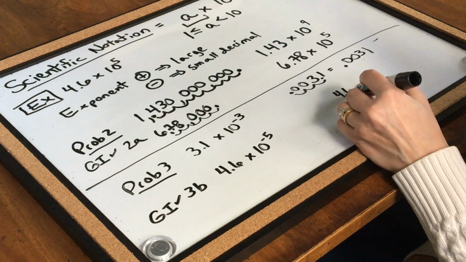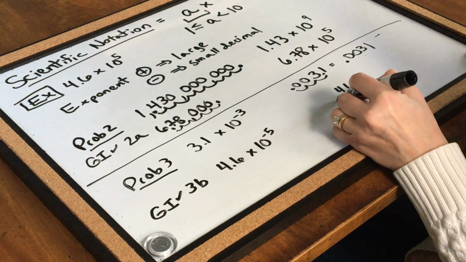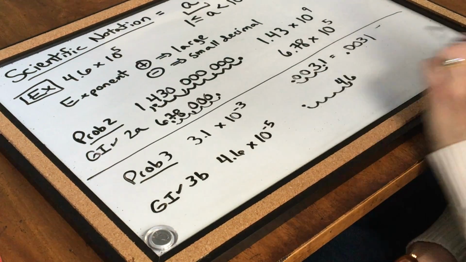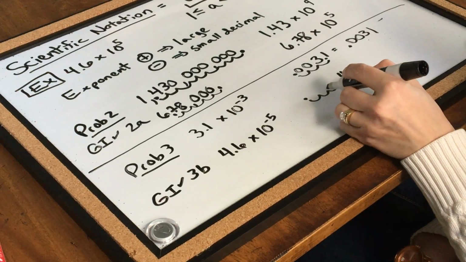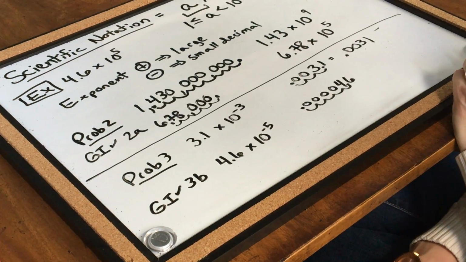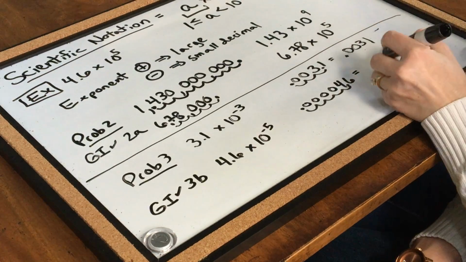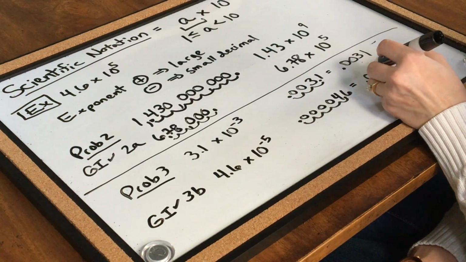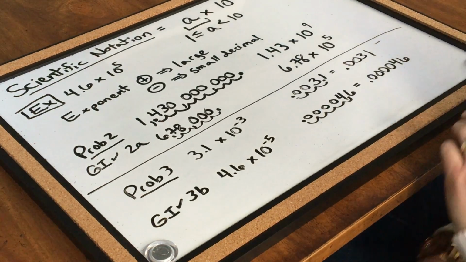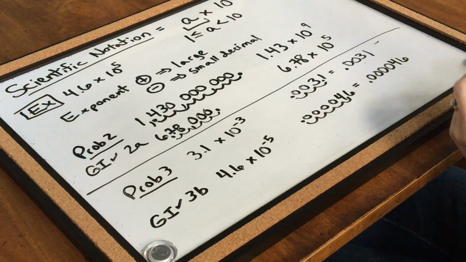So I'm going to do 5 moves to the left: 1, 2, 3, 4, 5. And I'll put in my new decimal place. Every move that doesn't have anything there, I'm going to fill in with a 0. So this number would be 0.0000046. And I get a really little tiny decimal.